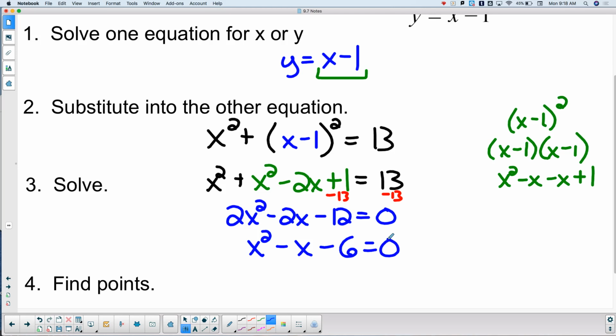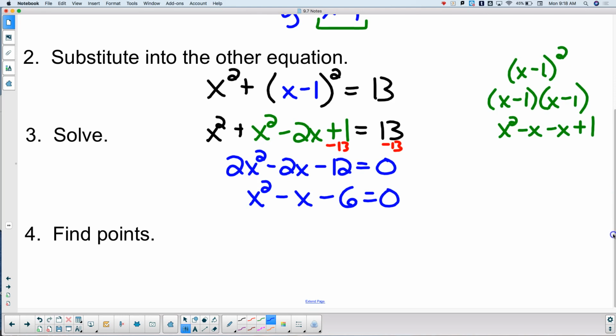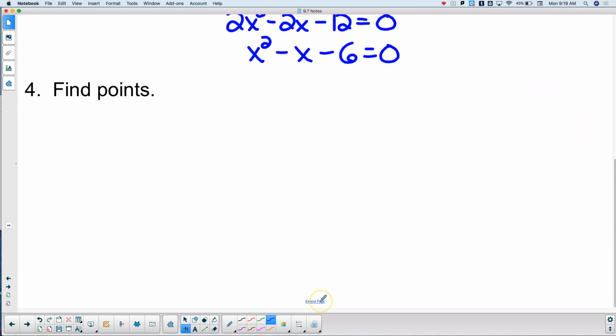What are they? So positive 2 and negative 3?